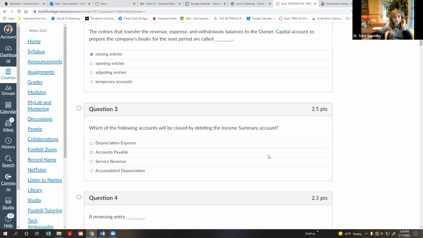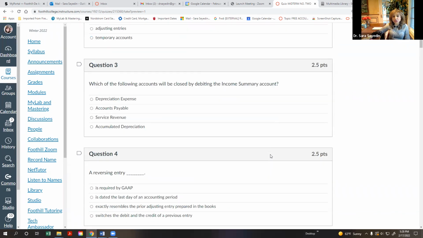Question number 3, which of the following accounts will be closed by debiting the income summary account? When you debit income summary, notice debit is on the left side, and all of our expenses as well as owner's drawing carry a normal debit balance.